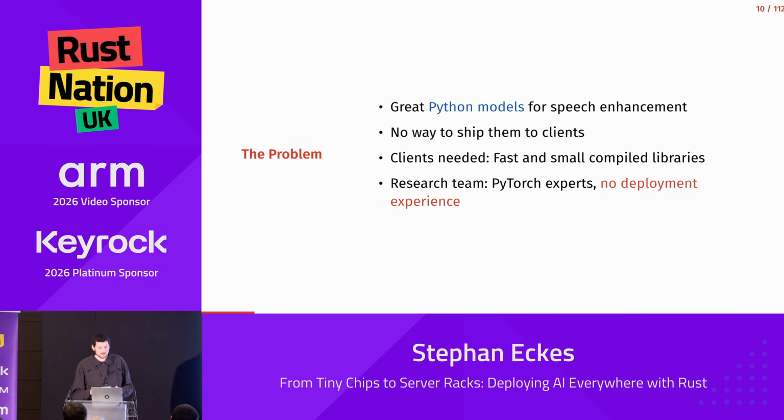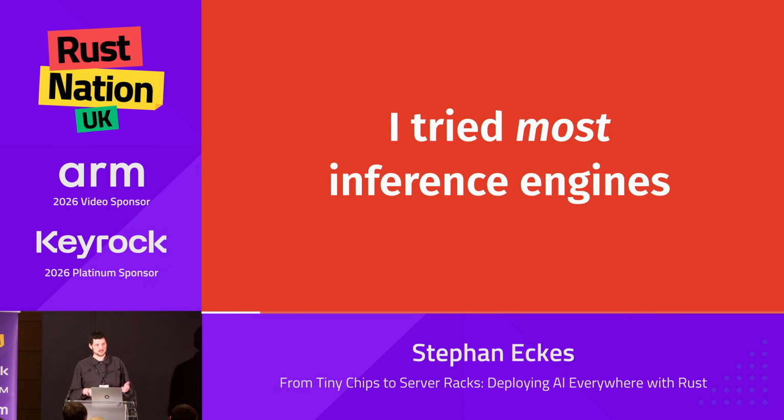So that's where I joined the company. I got their models and had to find a solution for how to bring this to the client. So I tried basically most inference engines out there, to see what works, what is the fastest way to do it, which loads our model. I want to walk you through what is actually available in the landscape and what I learned.